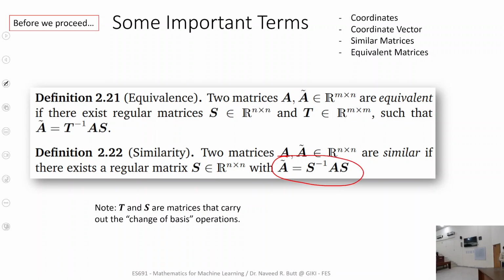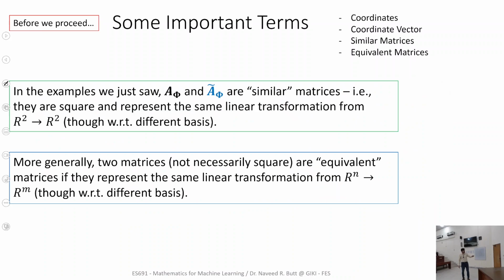Later we will see that it's always possible to get this form for similar matrices. Okay. For equivalent, if you can find two invertible matrices that give you this relation between A tilde and A, then A tilde and A are equivalent. Actually our interest is in this one, but this necessarily gives you that, which we will see today, okay.